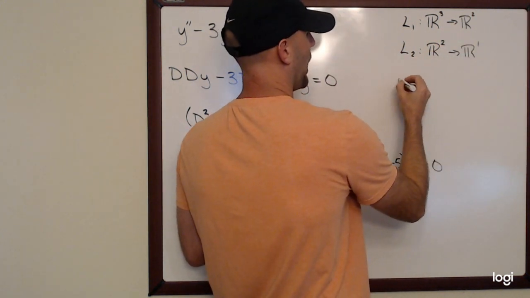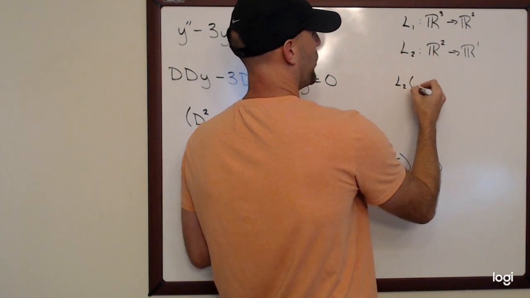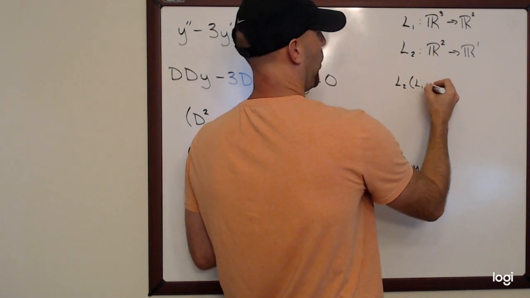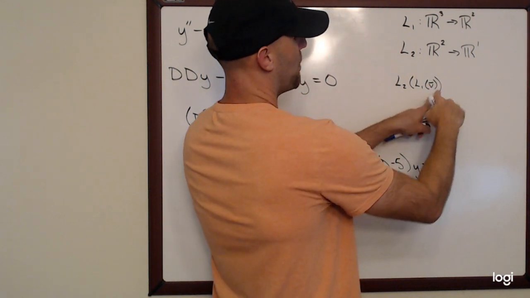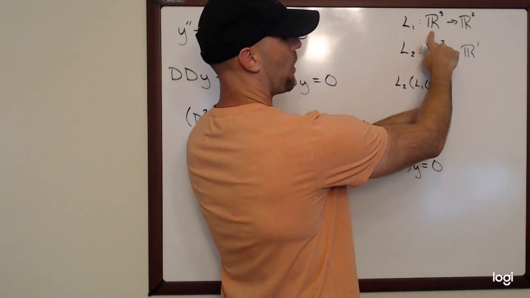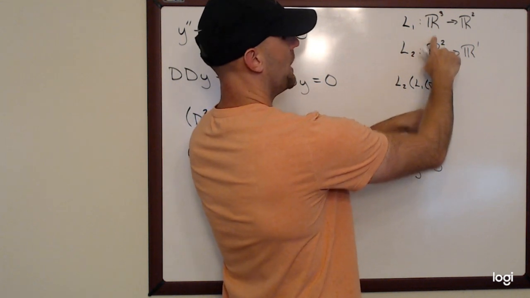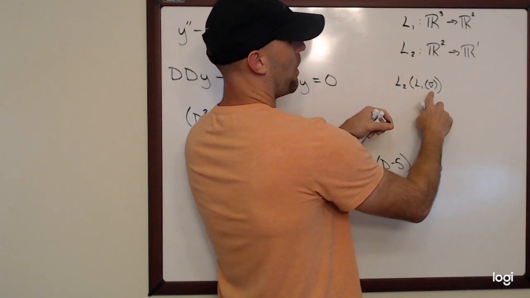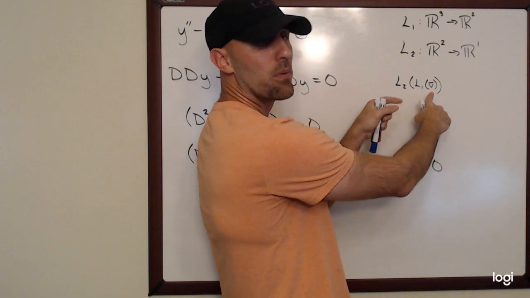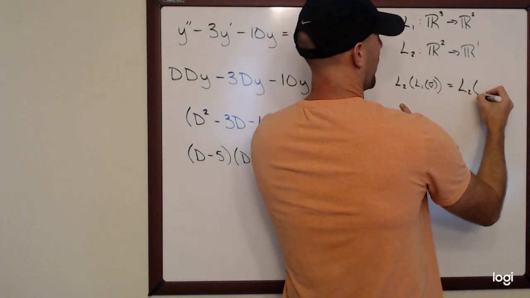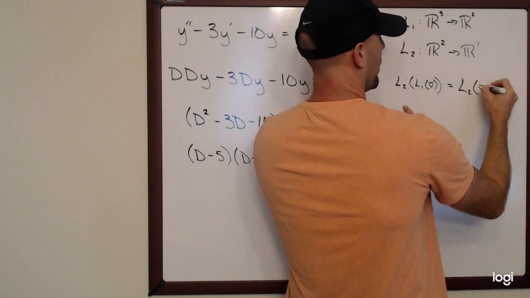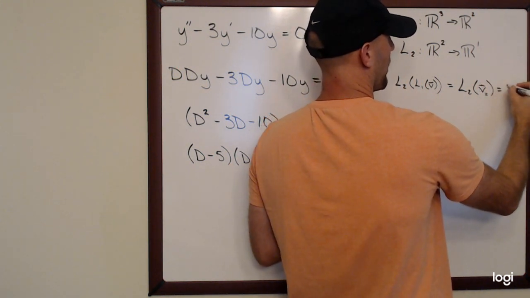So if I take L2 of L1 of some vector, well, let's see, I put this vector, it must be in R3, my domain. I put it in, the result of L1 of v is going to be some vector in R2, right? Okay, that's fine. So I take, we'll call this v2, and I'll get some value, yeah?